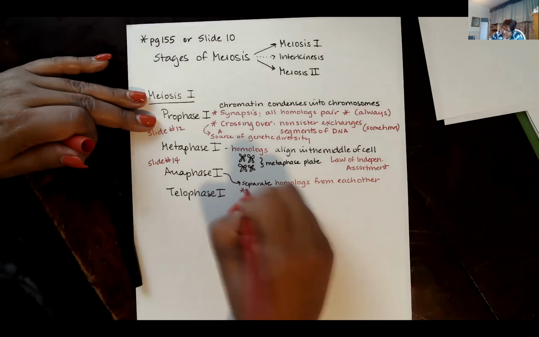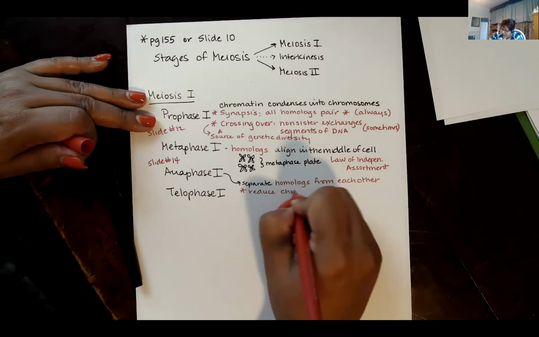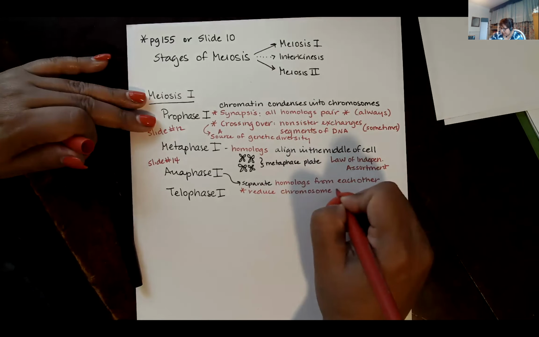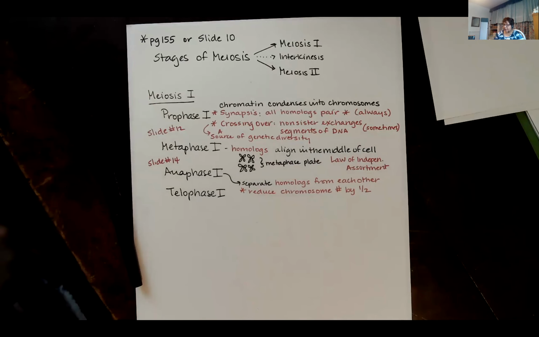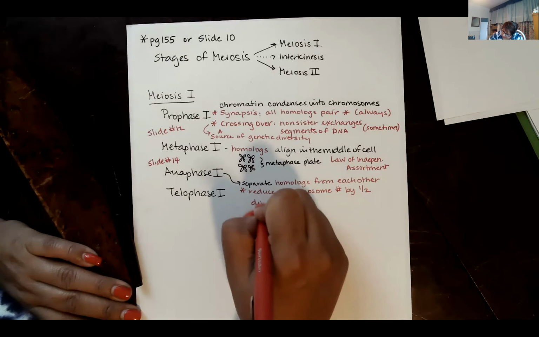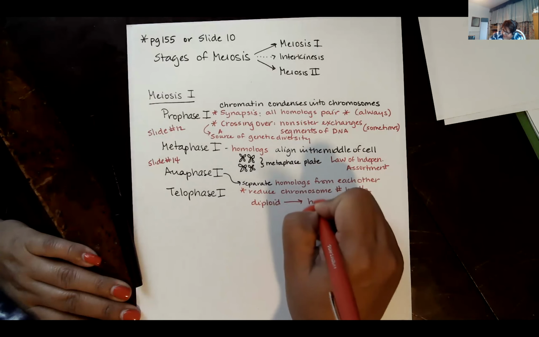This is important because this is what's going to reduce our chromosome number. And we're going to reduce it by 1/2. You'll also hear this described as going from diploid to haploid.